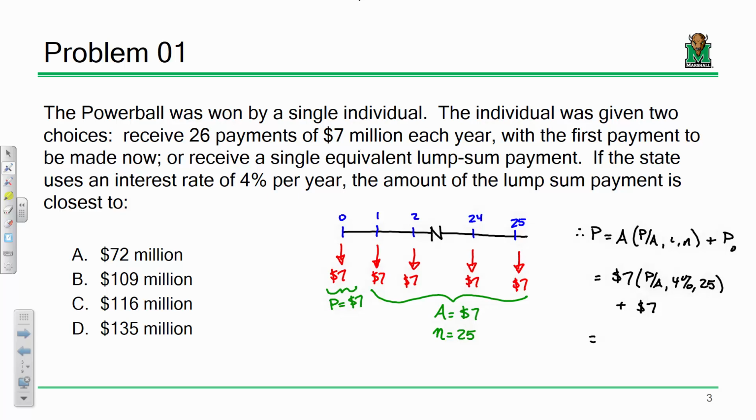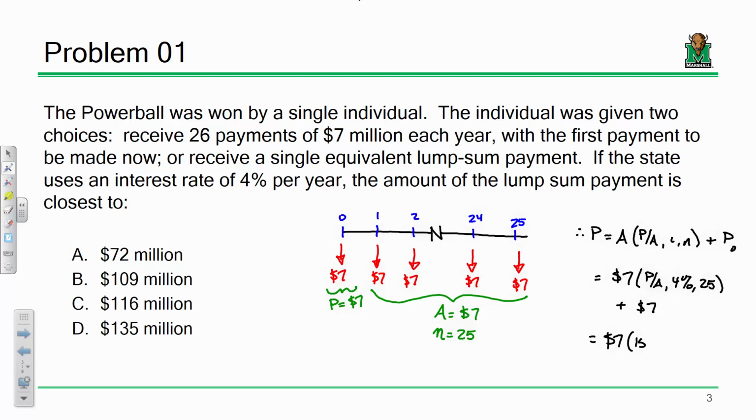Oh, okay. Did you use the factors in the tables? It's not given. Oh, you need the 25. So this is going to be 7 million times the P over A factor at 4% and 25 years.